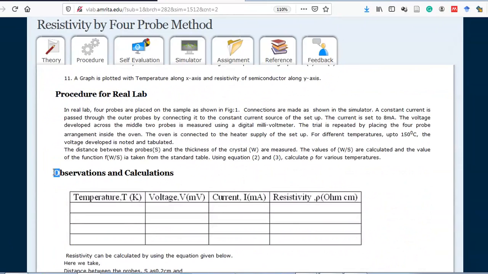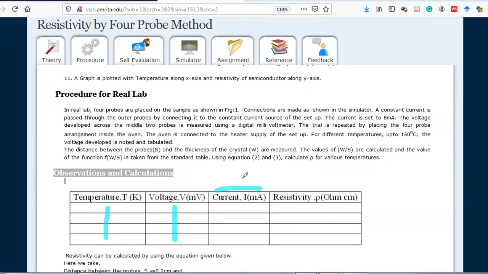And now coming to this table, the observations and calculations part. In the table, in column number 1, you need to write the temperature in Kelvin. Even though in the simulator the temperature is in degree Celsius, you need to convert it and write down the answer in Kelvin. Similarly, you need to note down the voltage, whatever it comes, and then you need to use the current.